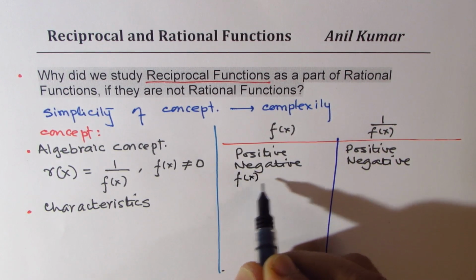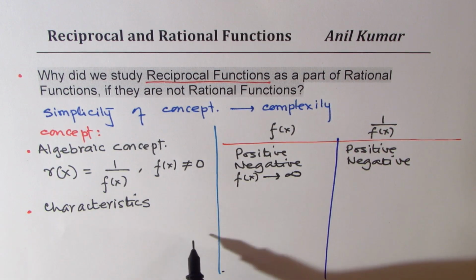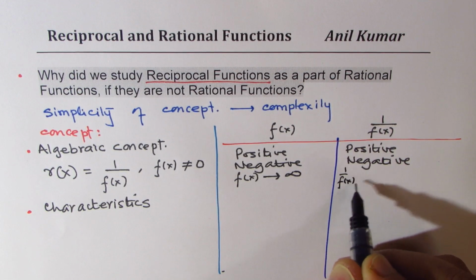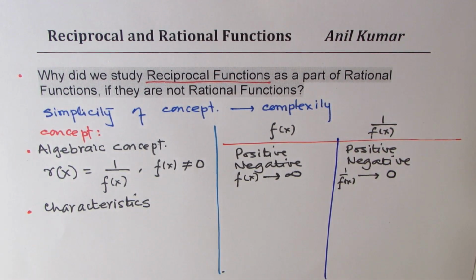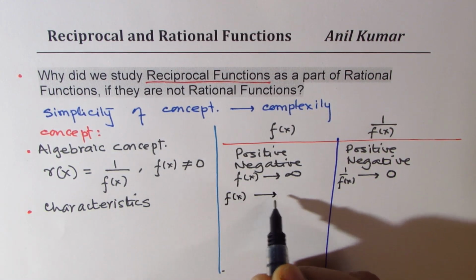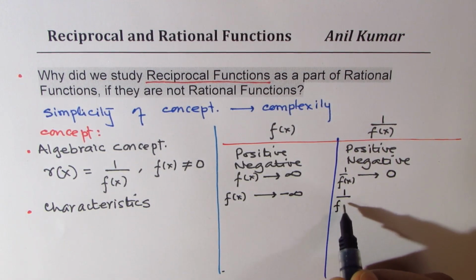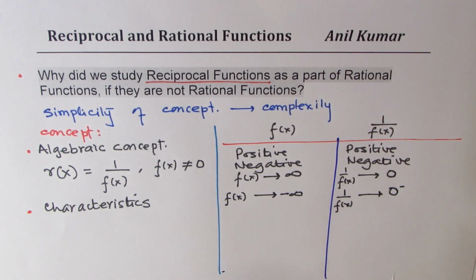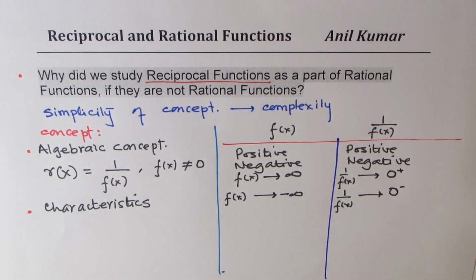If f of x approaches infinitely large value, then 1 over f of x approaches 0. Correct? When f of x approaches negative infinitely large value, then 1 over f of x approaches again 0, but from the negative side. You get the idea. So in the first case, it approaches from the positive side.